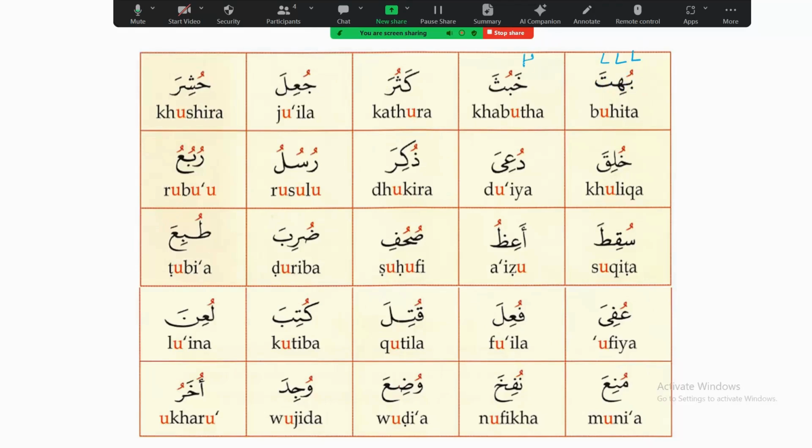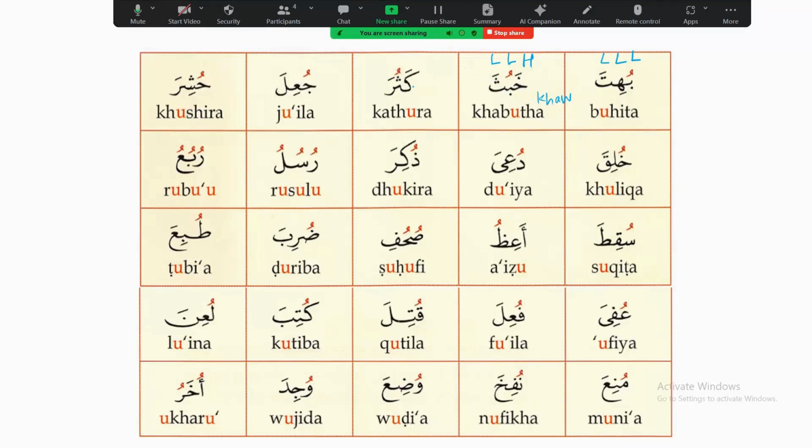Kha letter heavy, ba letter light, sa letter light. Kha, the Khaw sound. Kha, boo with strength, ba letter with strength. Boo. And sa, which does not have any whistle sound. Sa, just only air. Sa, khabusa, buhita, khabusa.